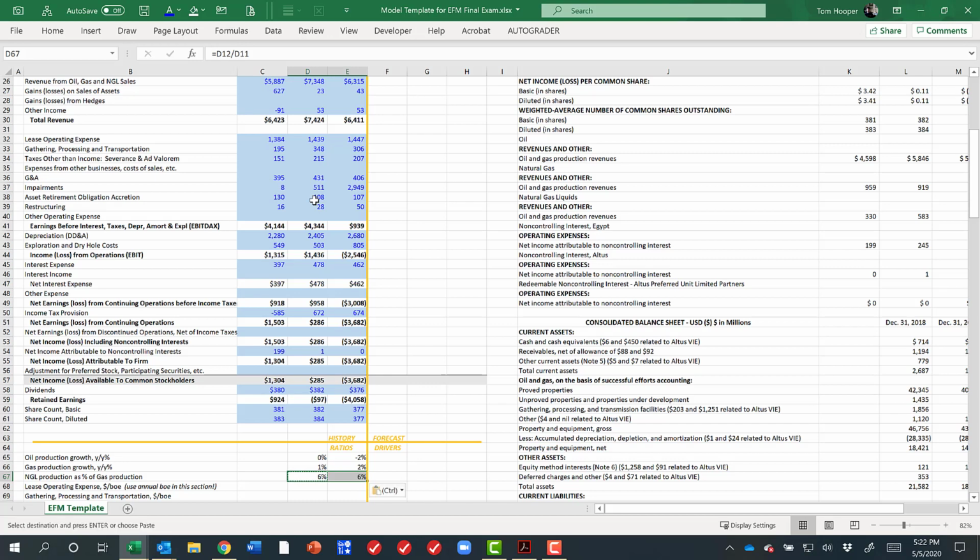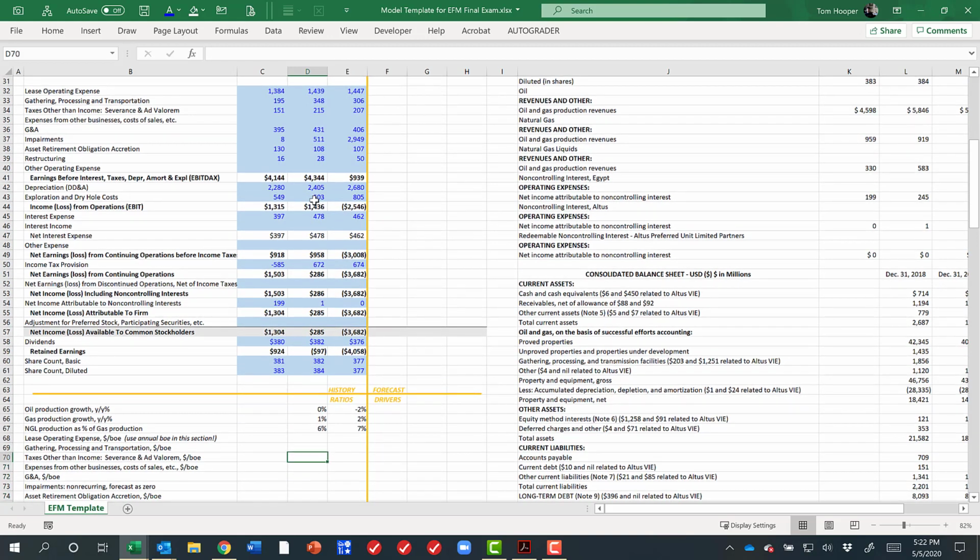If it represents about 6%, even though the units are a little messed up, you can use that to forecast your NGLs. And then many of these others I've just put down here as dollars per BOE.